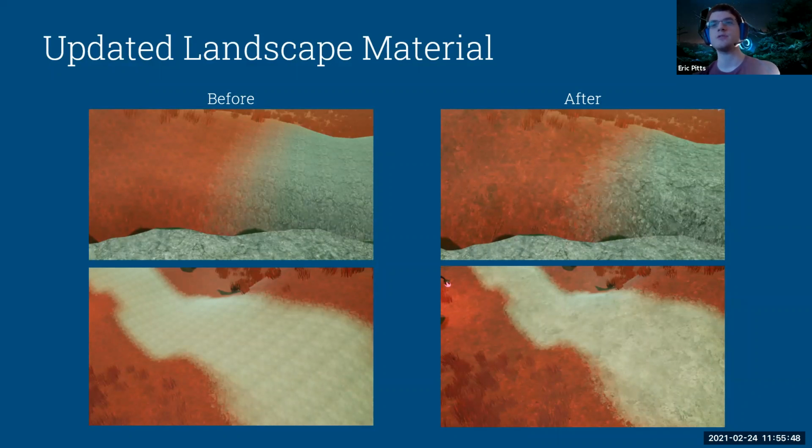But I just set it up to where it did the same stuff they would do with the starter material for making it not just a uniform tiling, and did it for all of our textures that we were using in the landscape material, so that we could get this nice kind of randomized effect on the ground texture.